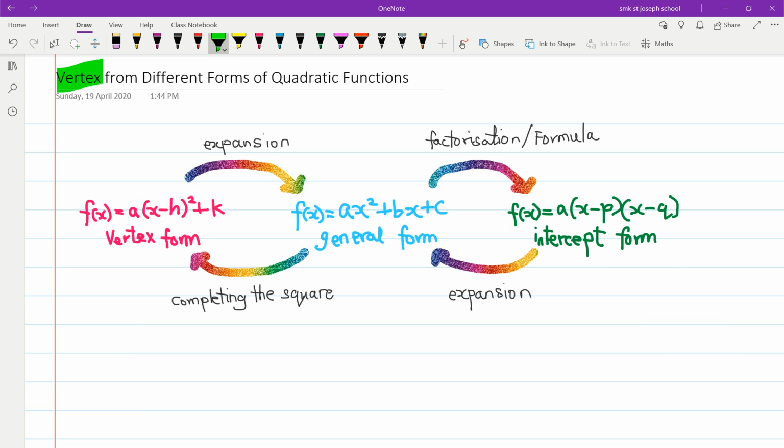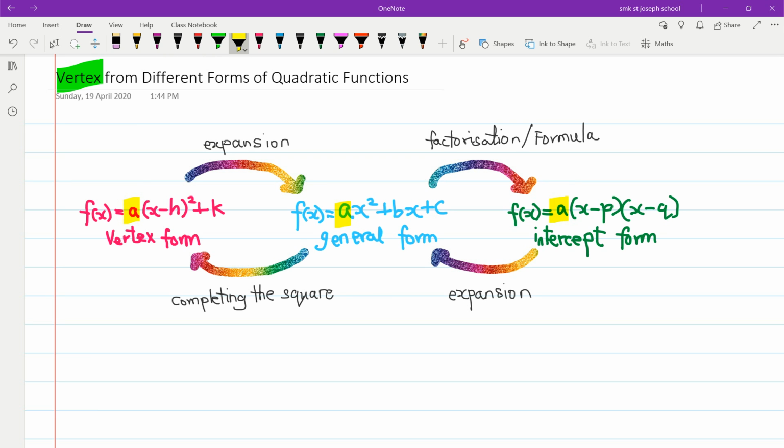So let's start now. The vertex is either a maximum point or the minimum point, depending on the value of a, right? I think we have learned this.